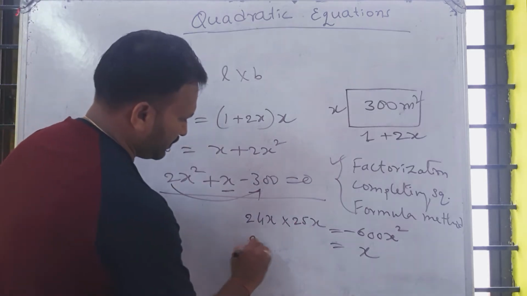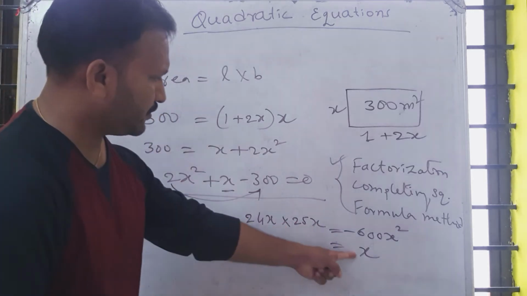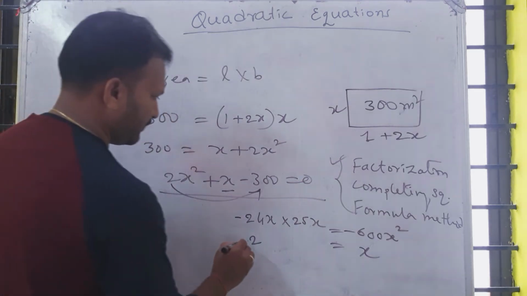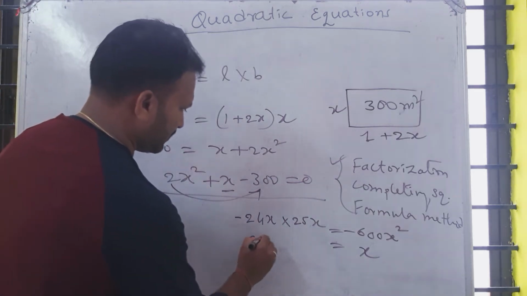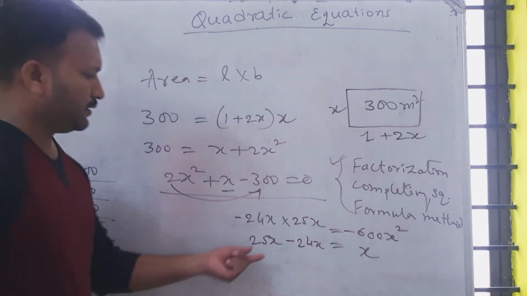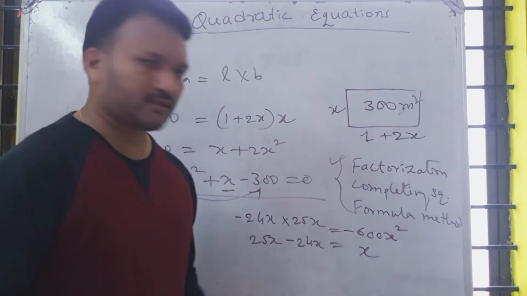But here, after subtraction, we should get x. So for that we need minus 24. I can write it like this for better understanding: 25 minus 24 is 1. That is x.